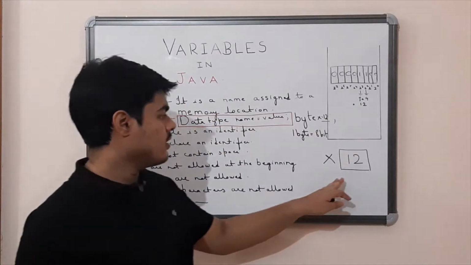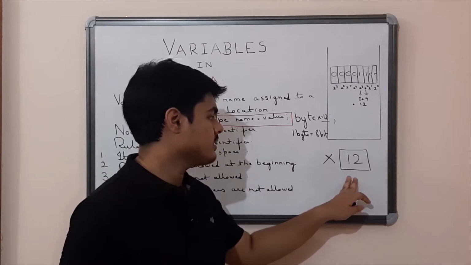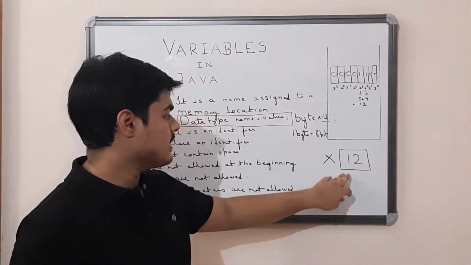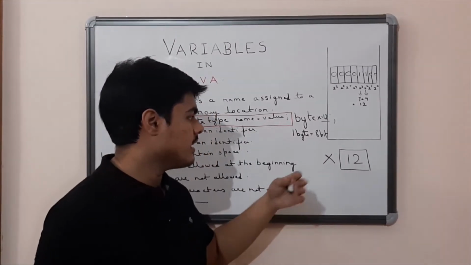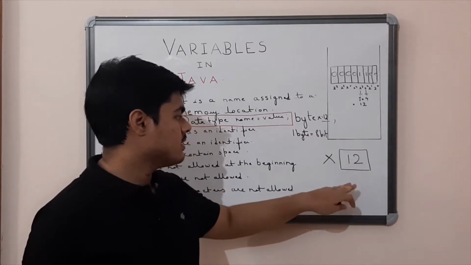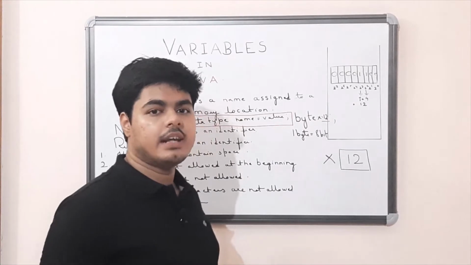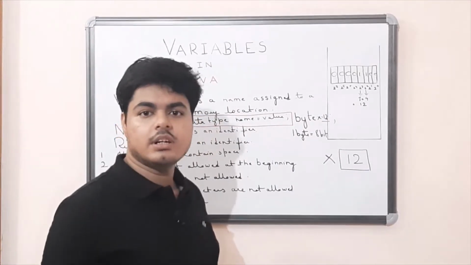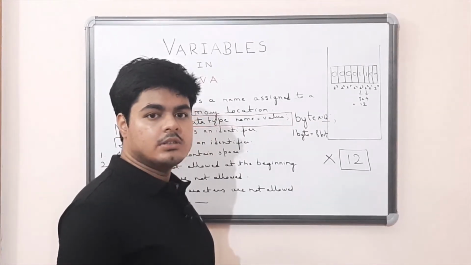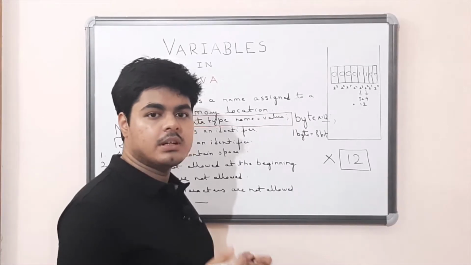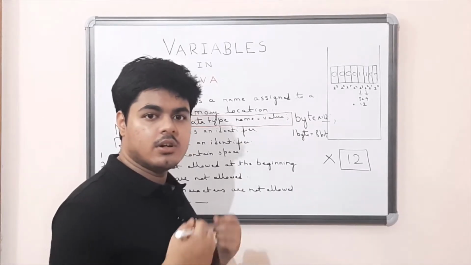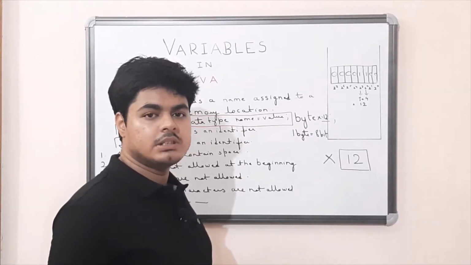Now for explanation purposes we show it like this, that a variable x is declared and in this memory location the value 12 is stored. But in actual runtime, that is the execution time of the program which has already been compiled, that is, it has already been translated to machine language, in terms of binary numbers 0 and 1.